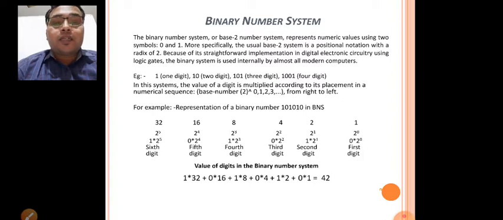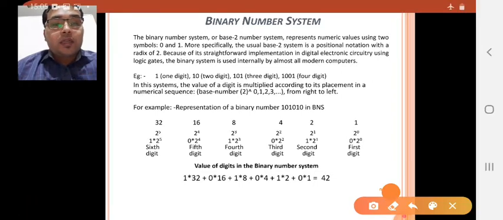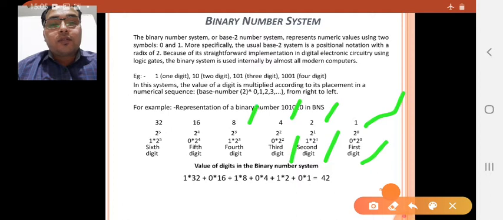An example is given in front of you all. See, 101010 in BNS. BNS means binary number system. You can see that here 1 is my first digit, 2 second digit, 4 third digit, 8 fourth digit, 16 fifth digit, 32 sixth digit.